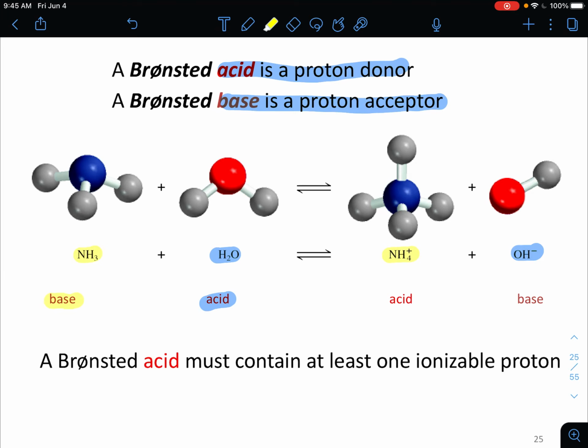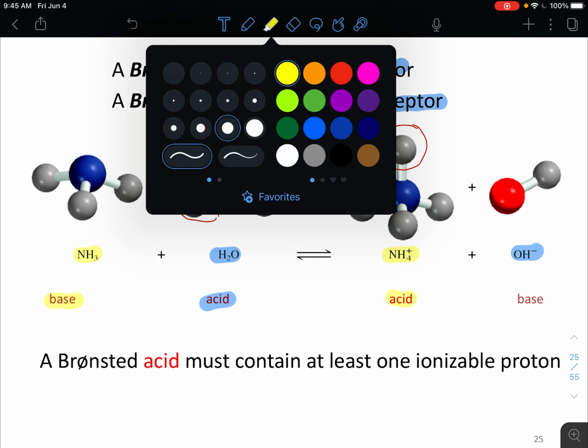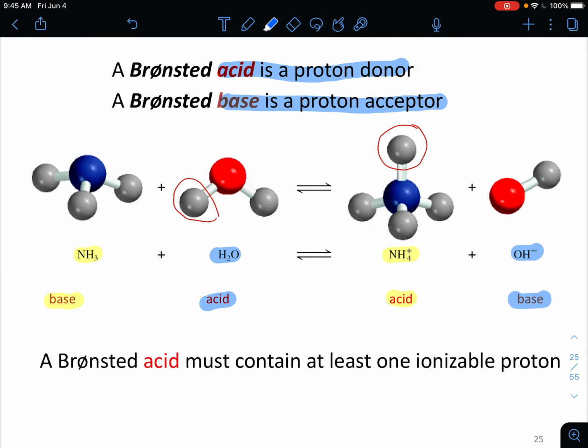So that's the way that we would label things, and essentially, if you want to think about it this way, it's this H that shows up here later on in the process. You can also see that things are labeled on the other side of the equation as acid and base. That's for if we're considering the reaction going in the opposite direction, since this one is reversible.